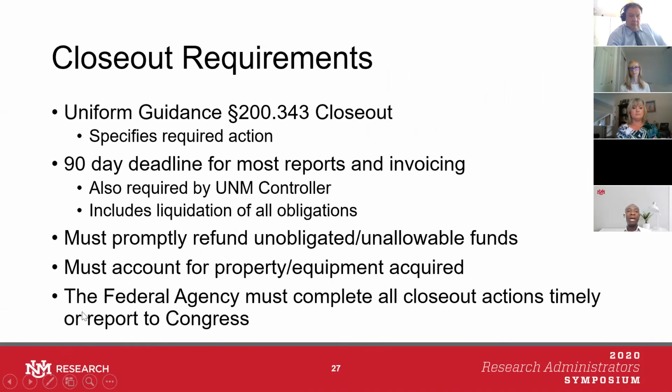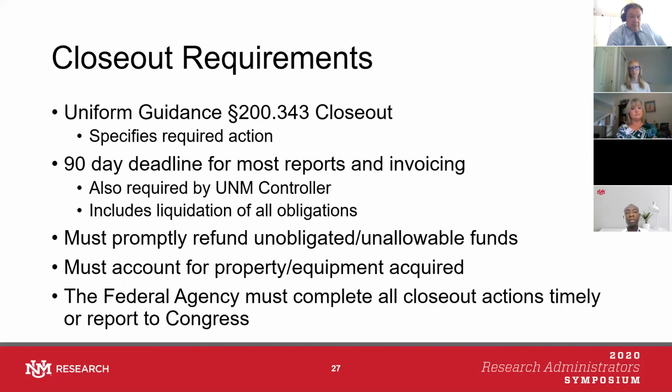So, closeout. Uniform guidance requires us to close grant after grant, and to close them out, use the 90-day process. That is also the requirement of the university leadership, including the controller's office. The process allows us to make sure that if there is any liquidation, we are able to do that within that period of time.